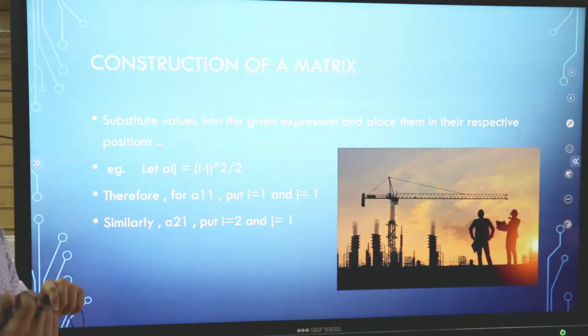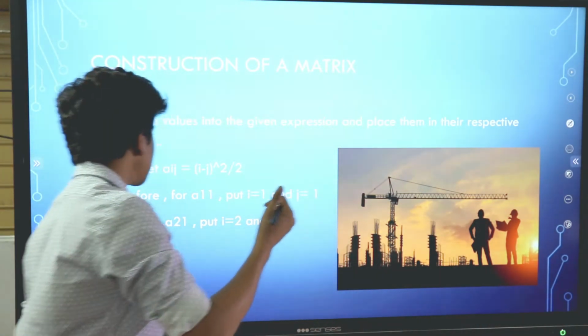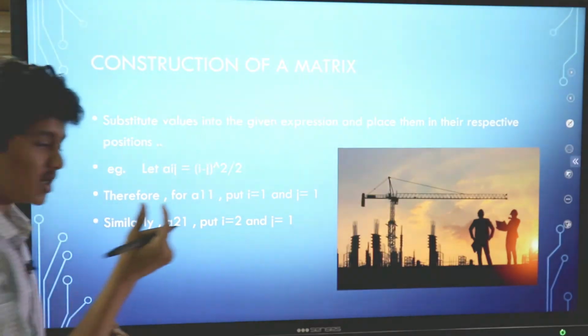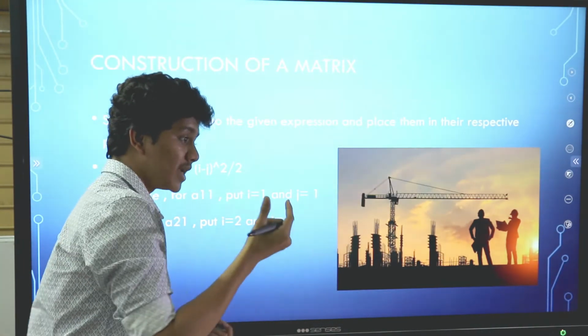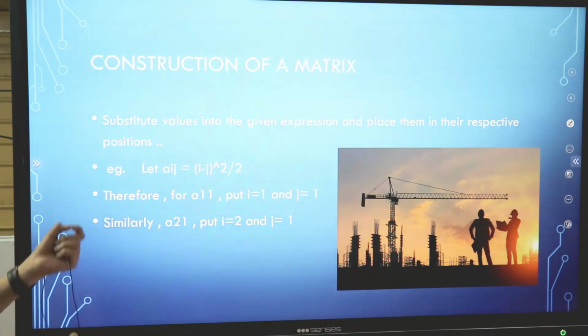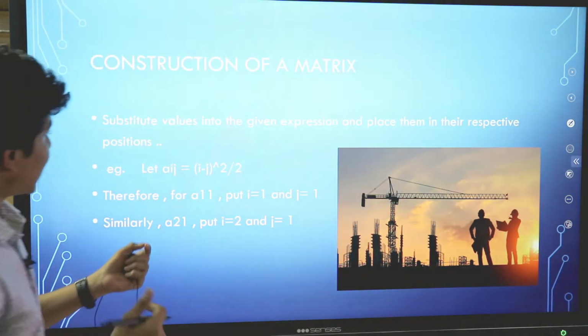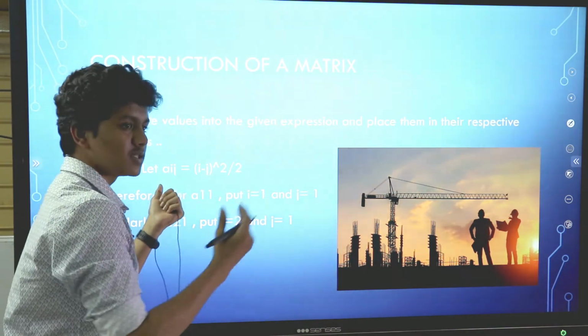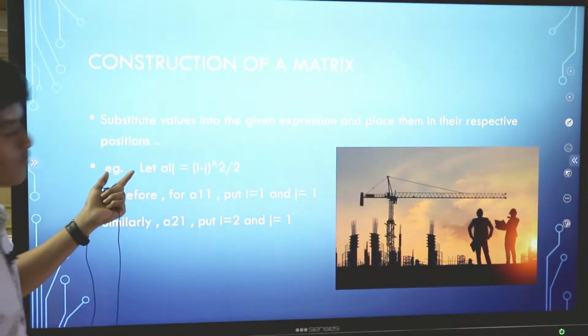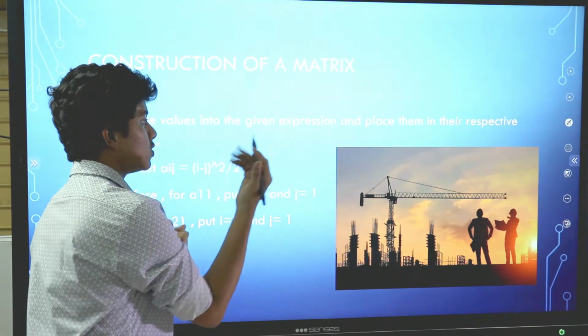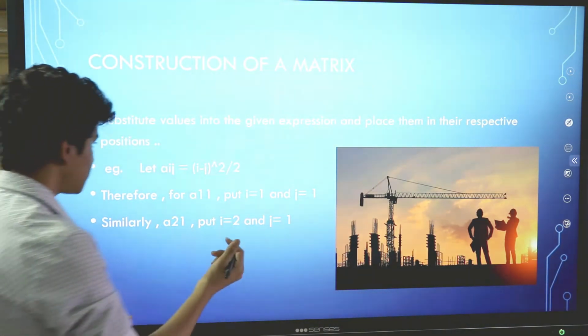Construction is the other way around. You can solve a matrix, but if they ask you to construct a matrix, a matrix can also be written in the form of an integer or equation or expression. We know that i is rows and j is columns, and they also give you the order.